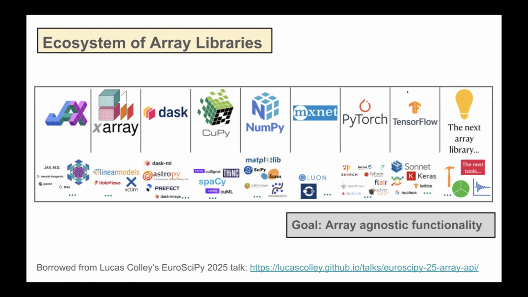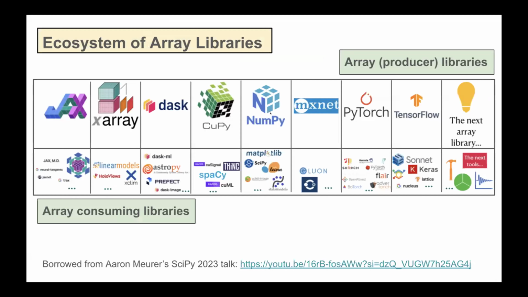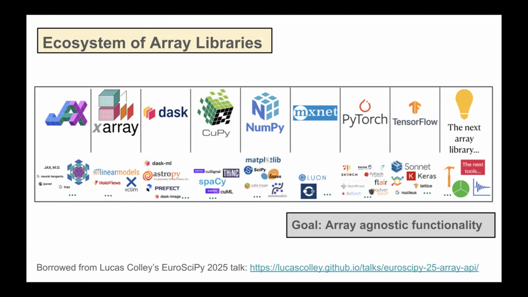These are the array producer libraries. They have the main array object, and these are the array consumer libraries. The goal is to not have these barriers, and for any library to be able to use any array type.